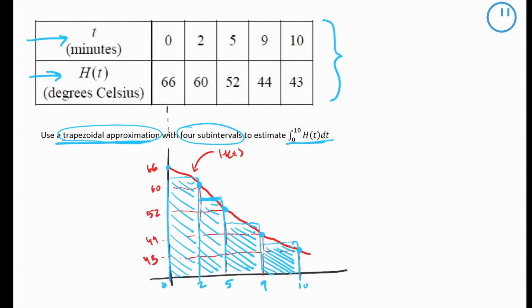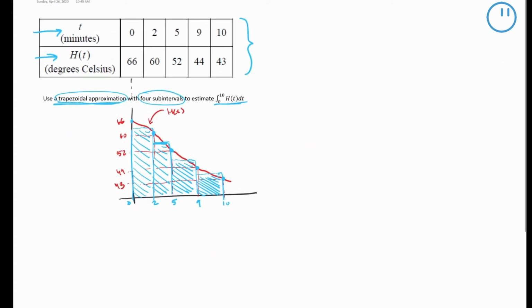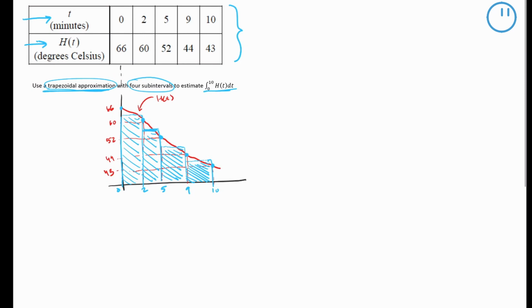And so how do we actually write this out and think about it? Well, I'm going to zoom out here for a second. I'll write that the integral from 0 to 10 of h of t dt is approximately equal to the height of this rectangle, which is the average between these 2 data points.